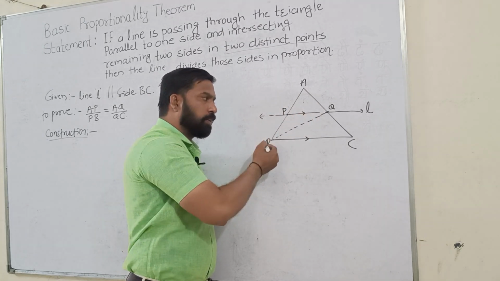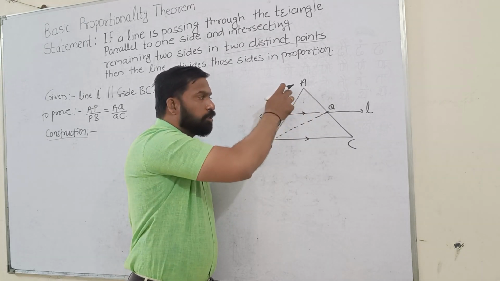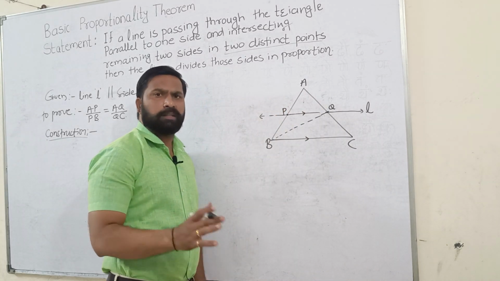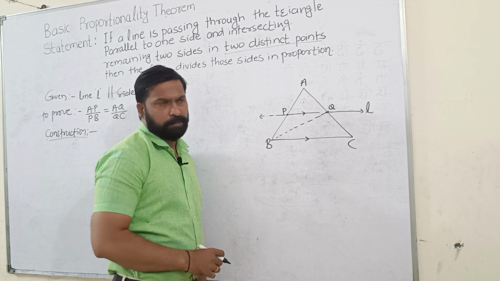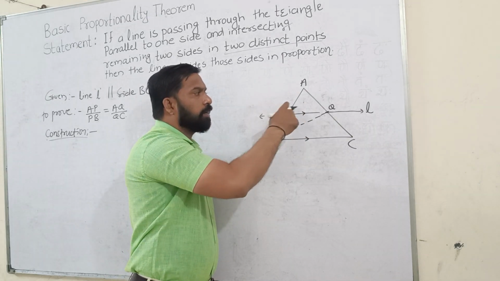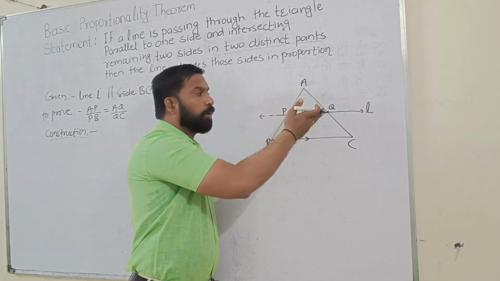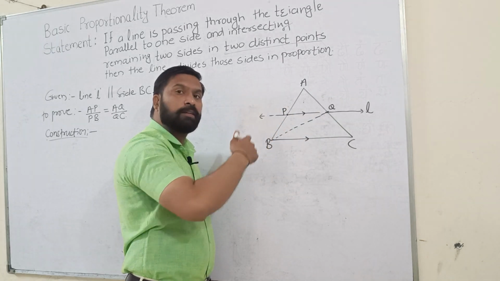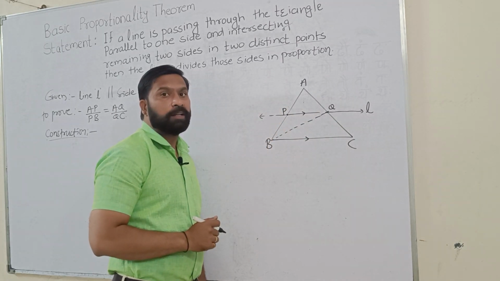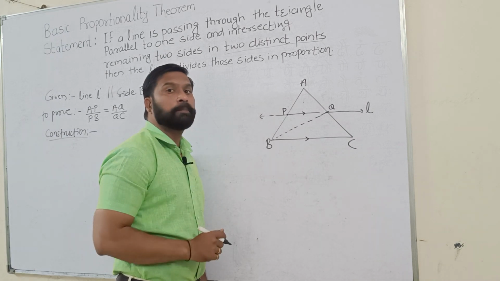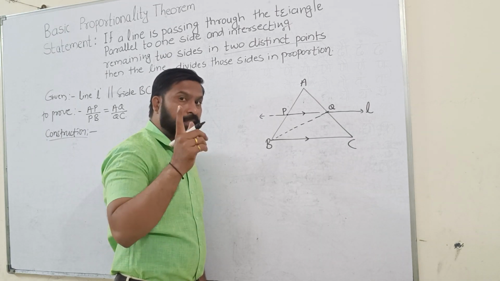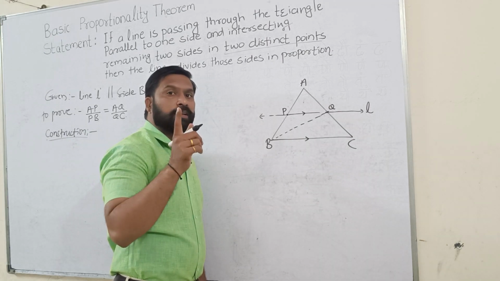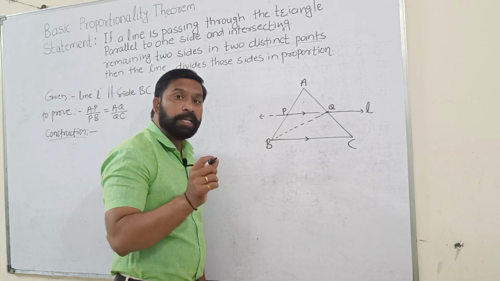When we made this construction, we got these two bases as collinear, and this is their opposite vertex. So we can say in triangles APQ and BPQ, vertex Q is the common vertex and their bases are collinear. So their heights are going to be equal. If heights are equal, then the ratio of areas is equal to the ratio of their corresponding bases.